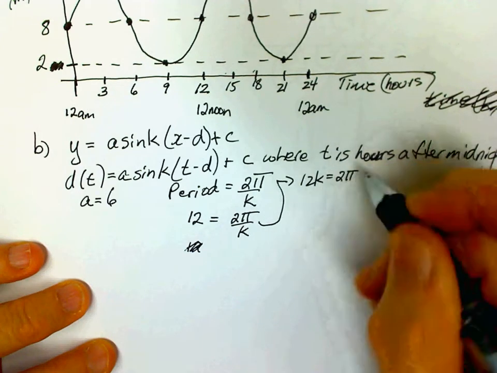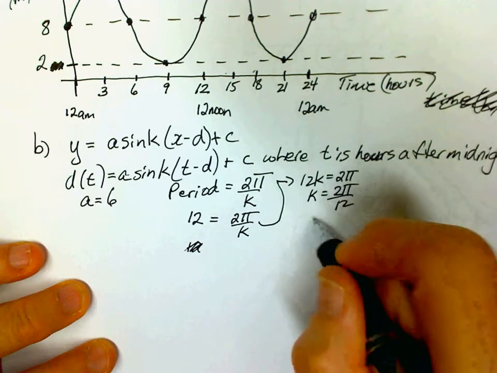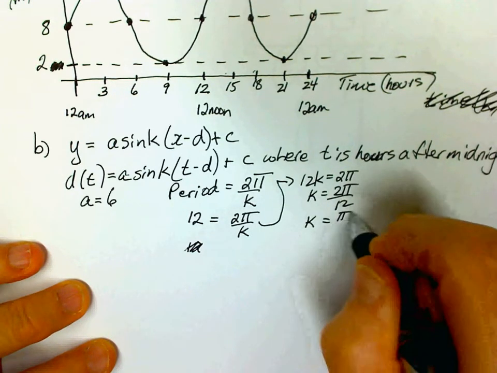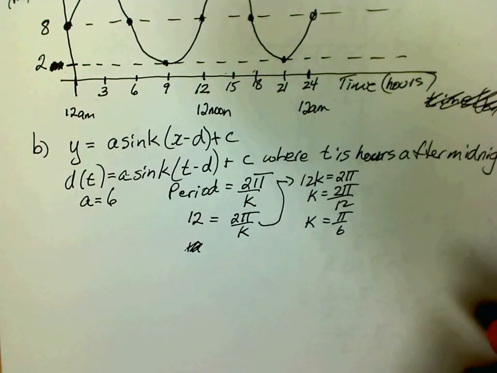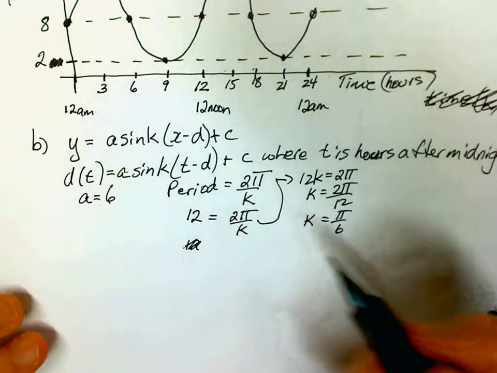K equals 2 pi over 12. K equals pi by 6. Okay? So let's see what our equation looks like so far.